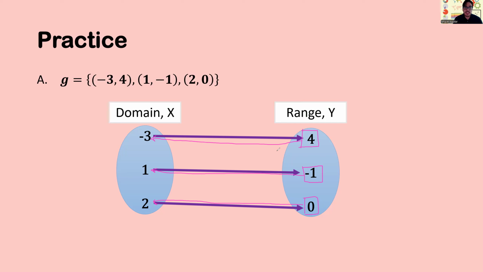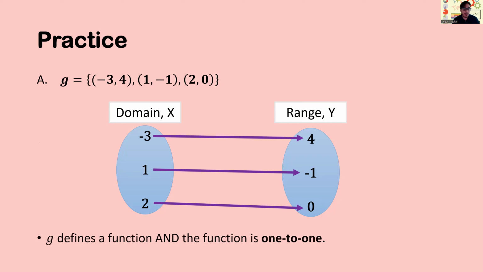If you can figure out whether it's a function and whether it's a one-to-one function, then you're understanding exactly what you need to be understanding at this point. It should not be more complicated than this, at least for these kinds of questions. So this is a function and it is a one-to-one function. Questions, comments before I move on to the next slide?